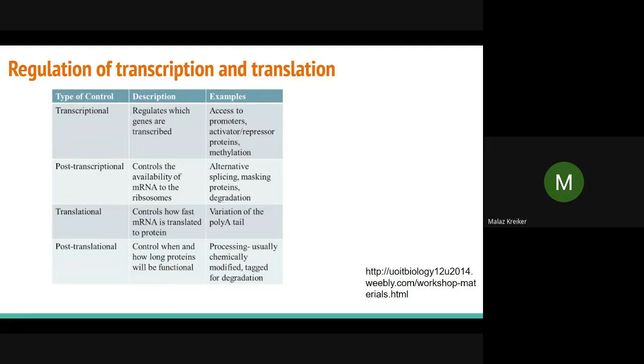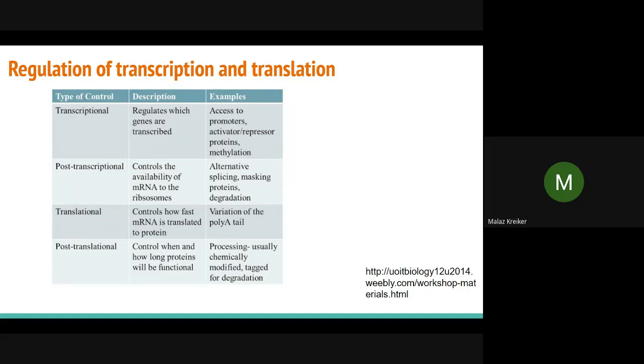Also, one thing you can do is control how the mRNA is translated, by controlling how fast it is usually done. You can also do it after it is translated. But generally, the MCAT focuses a lot on the first two, meaning what factors bind to the DNA, how they affect transcription, and what happens if you change the mRNA.